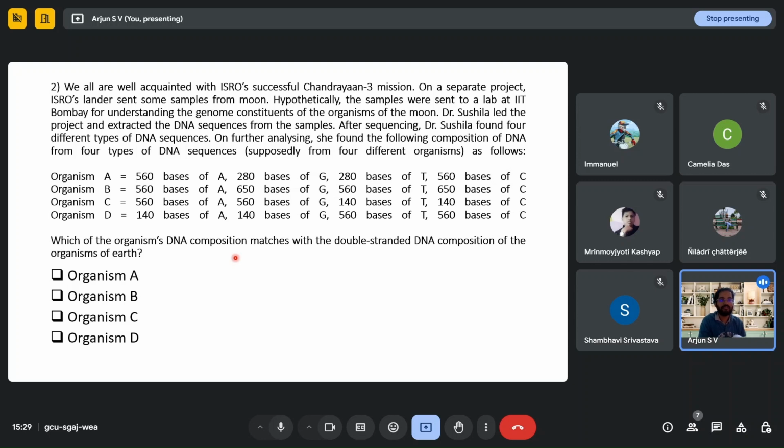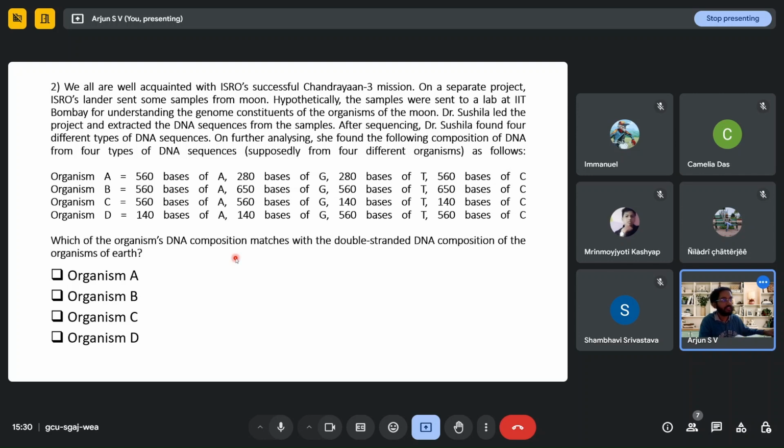Okay then, I'll go on to explain this. Basically, there is this concept in the constituents of DNA called Chargaff's rule. There was this person called Chargaff who invented this rule, and he basically said that the ratio of adenine to thymine bases will be equal to the ratio of guanine to cytosine bases.